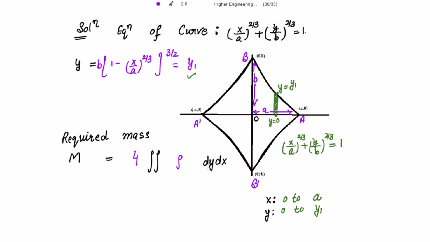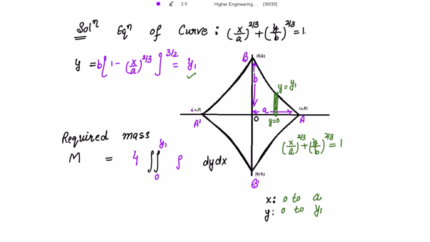And why have I written dy first? Because I need to write the limits of y in the form of x, right? That is why dy should come first and then dx. If you want to use dx dy, then you have to take the value of x instead of y. So what are the limits for y? From 0 to y1.